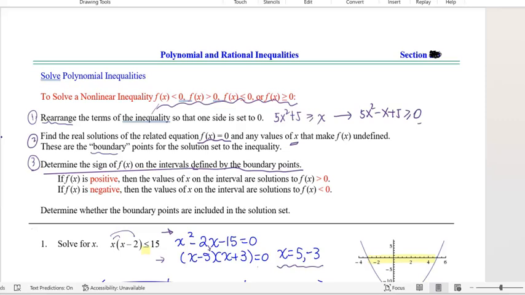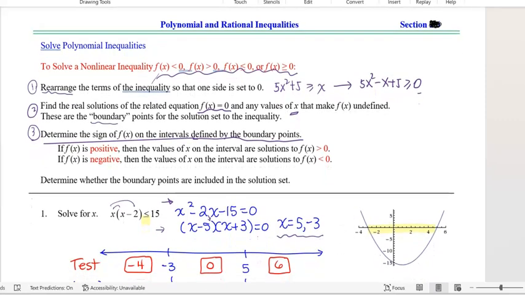Here, 5 and -3 are my boundary points. Then what are my intervals? My intervals go from small to big: -3, 5, those are my two boundary points, and all the way to negative and positive infinity.